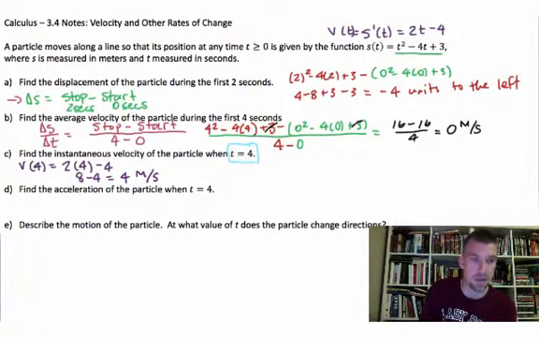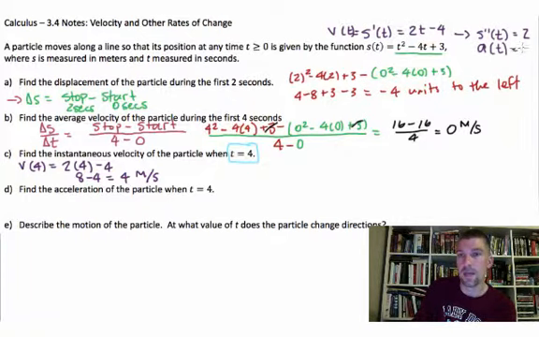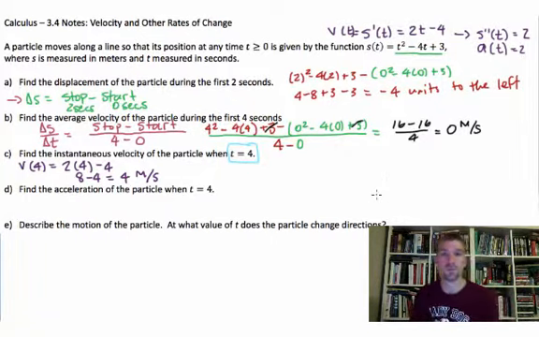Find the acceleration of the particle when t equals 4. So let's go back over here to our particle equation. And if I look at the second derivative, I'm going to get 2. That's the same thing as your acceleration at any point in time for this particular problem.